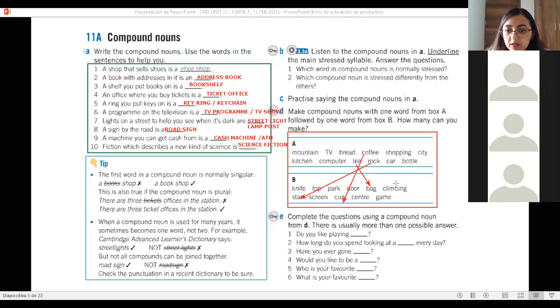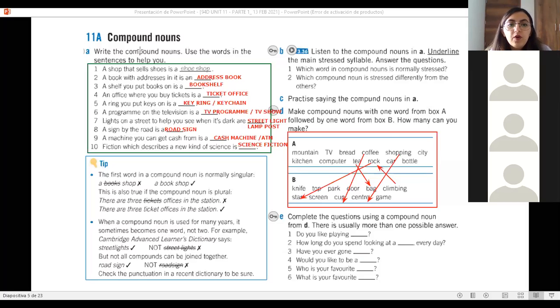Yes, we can have a rock climbing. Shopping center. Exactly, we have a shopping center. ¿No es cierto? Es pues básicamente lo que nosotros conocemos como un centro comercial, un tipo de lugar para ir de compras, ¿no es cierto? A shopping center, very good.